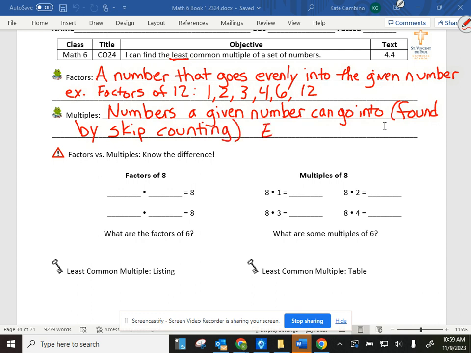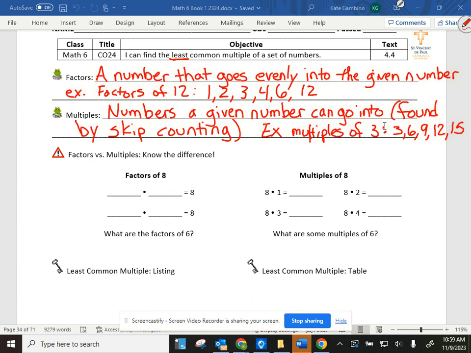So an example would be multiples of 3. We would skip by 3's. 1 times 3, 2 times 3, 3 times 3, 4 times 3, 5 times 3. So we're skipping up by 3's, multiplying by 1, by 2, by 3, by 4, by 5. So we've got 3, 6, 9, 12, 15.